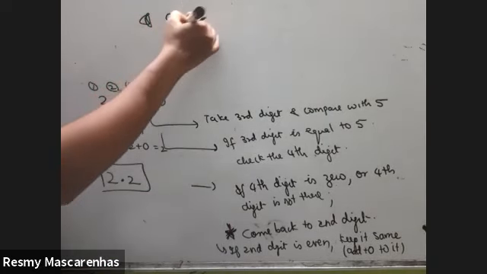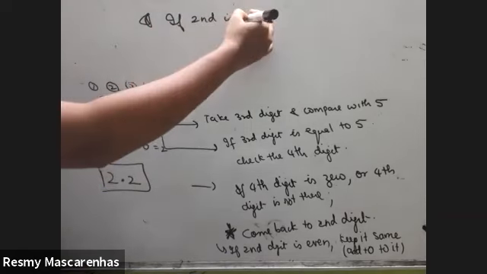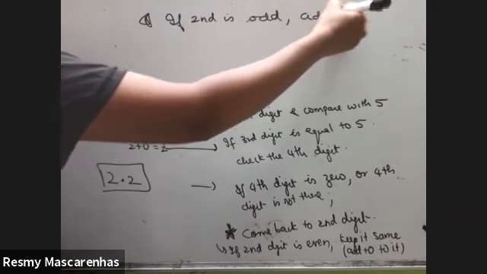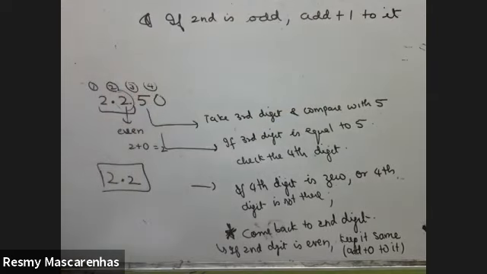And if the second digit is odd, as of now it is not odd, so we will not show you how it works. The next example is, if the second is an odd number, then add +1 to it.